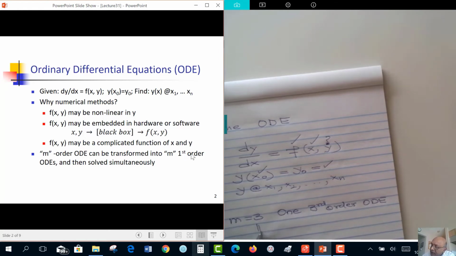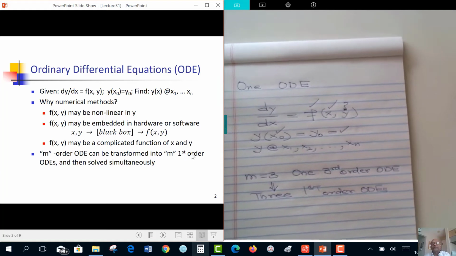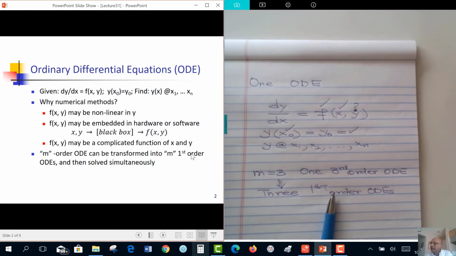But what we can do is write this into three first order ODEs. So we'll begin to learn how to solve one first order differential equation. Then we'll learn how to solve two, which we can generalize to two or more.